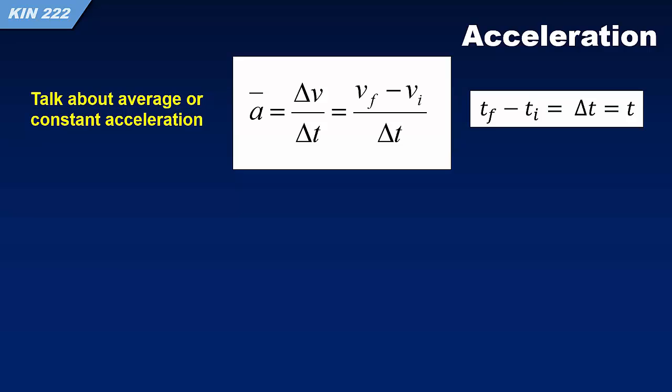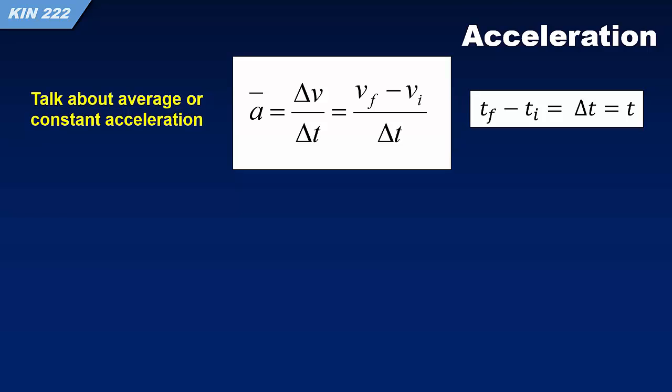The other thing with these formulas is that in previous formulas we've seen the change in time expressed as the final time minus the initial time, or delta t, but the time in all of these equations is always delta t, always the change in time, and it's always a positive value. So most of the time we just use the shorthand of t, and if you see t in the formula, that means the change in time, or the delta t.